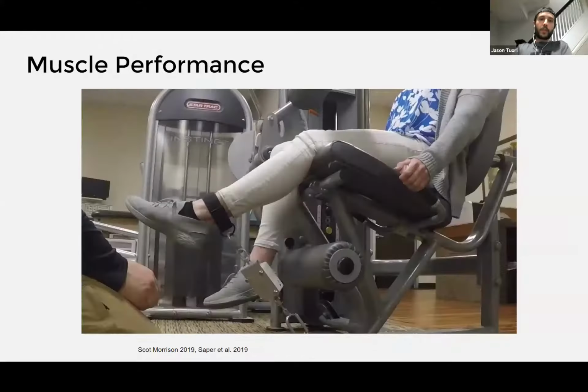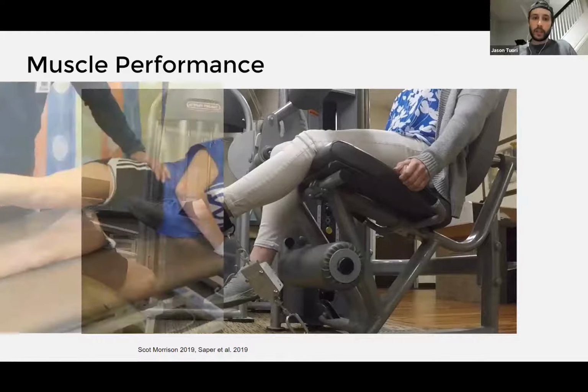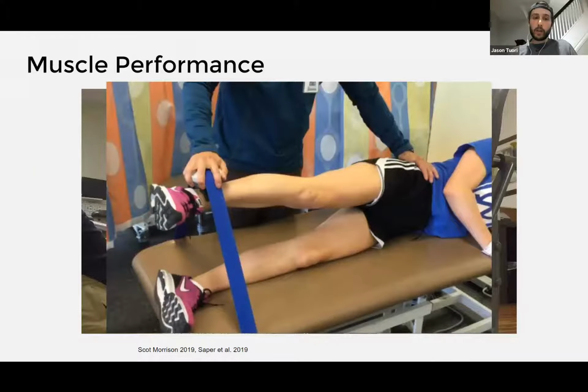So muscle performance is something we would find in the clinic, primarily somebody who has quadriceps strength deficits. So your quad is really the key to the patellofemoral joint. And interestingly, this is the one muscle that we're pretty sure based on the research that weakness can then result in patellofemoral pain down the road, as opposed to some muscles like the glutes, where weak glutes don't inherently cause patellofemoral pain.